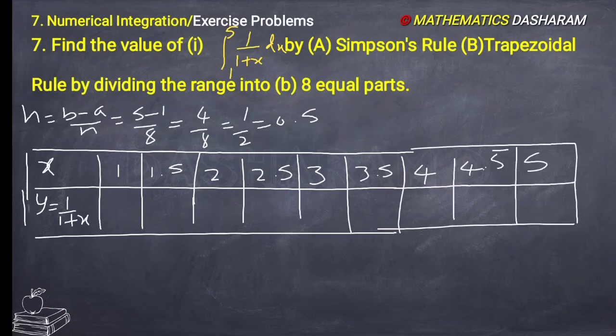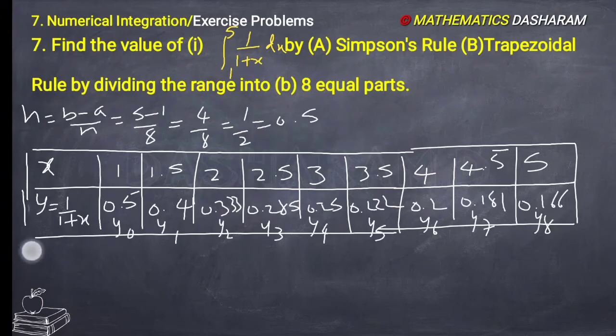So when the x value is 1, then the y value is 0.5. Next, when the x value is 1.5, then the y value is 0.4. Next, when it is 2, then the y value is 0.333.